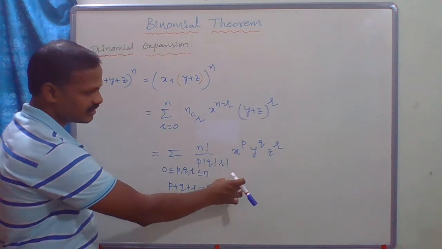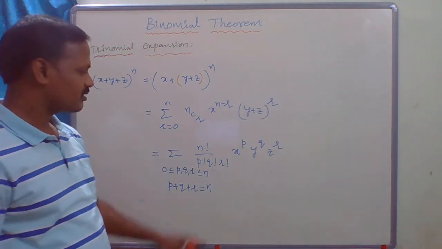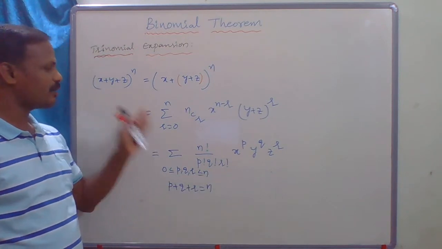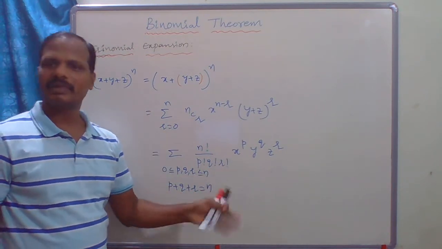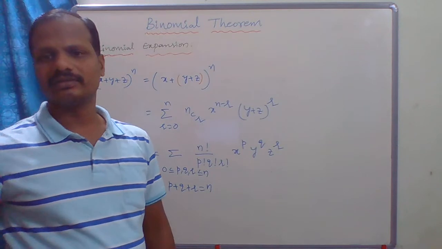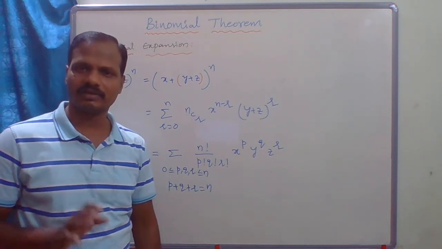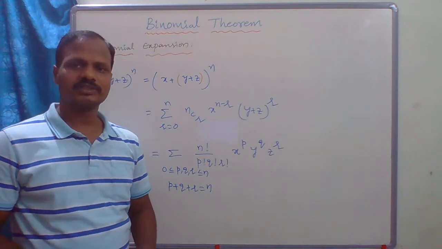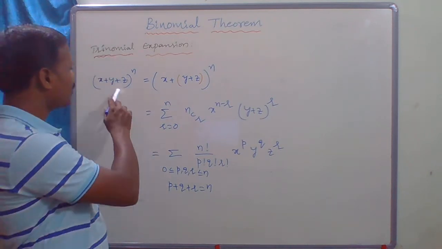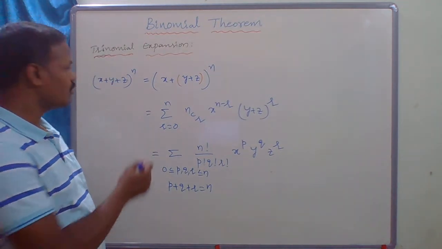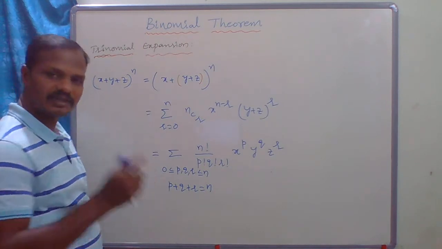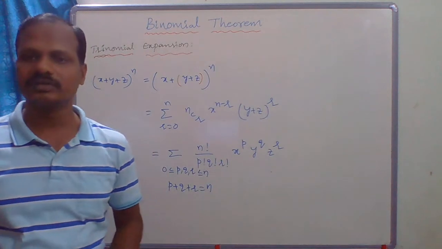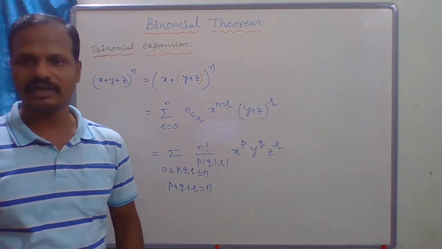This is the short form of the trinomial expansion. But anyway, here in intermediate we are learning only the binomial theorem. Suppose such problems are given, then you have to make these 2 terms a single one, and by using the binomial expansion you have to solve that problem. Clear? Okay.